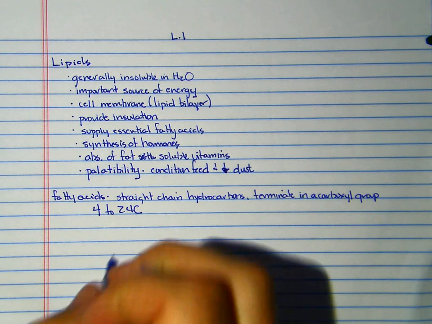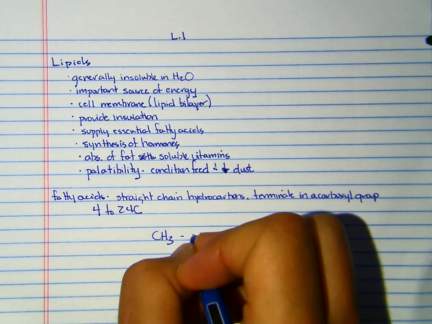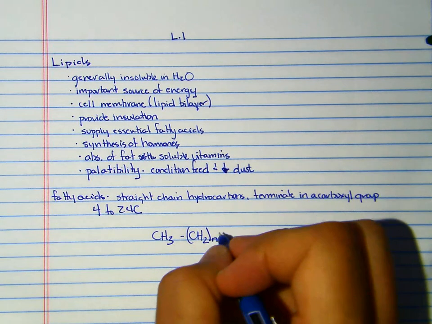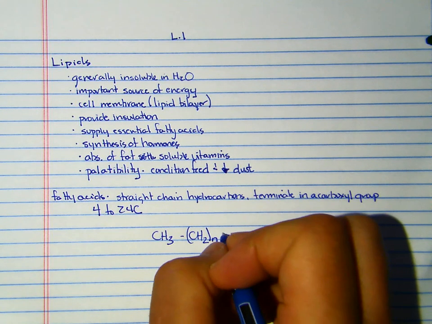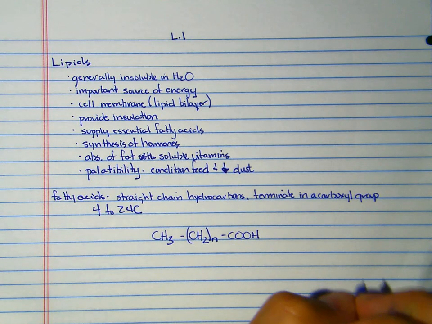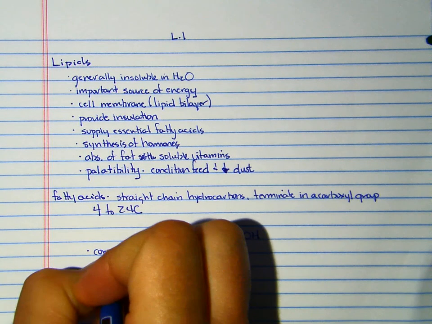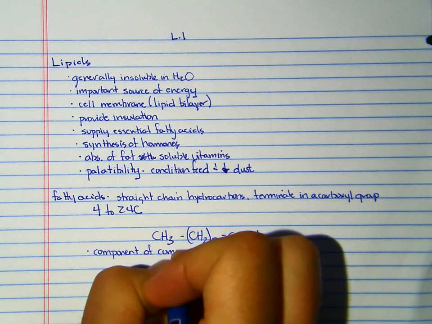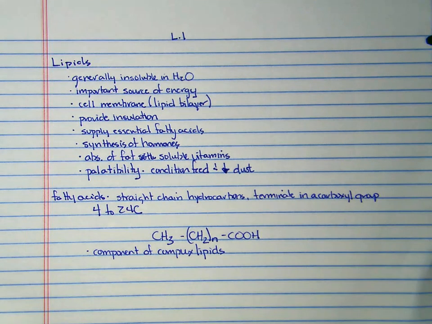And in general, they look like CH3, this would be a saturated fatty acid, CH2 to the N, N being a number somewhere between 2 and 22, and a carboxyl group. And so these fatty acids are a component of complex lipids.